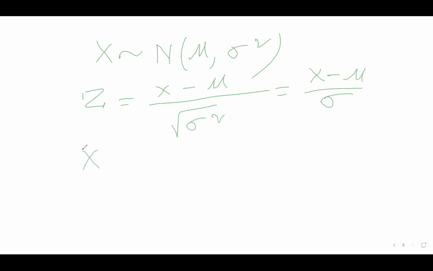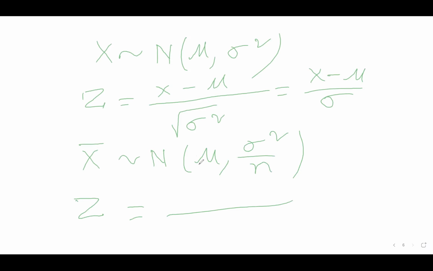Okay. So now we have x bar is normal distribution with mean mu and variance sigma square over n. So we have to find the standard normal distribution for this one. Then it will be, what is the random variable here? X or x bar? X bar, right? Minus, what is mean here? Okay, I need your response.